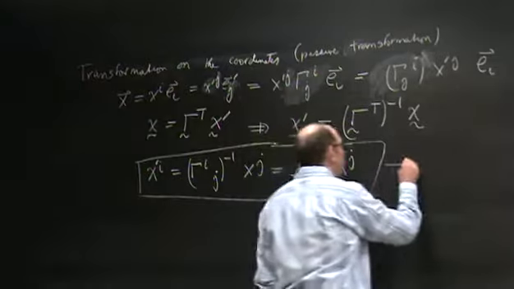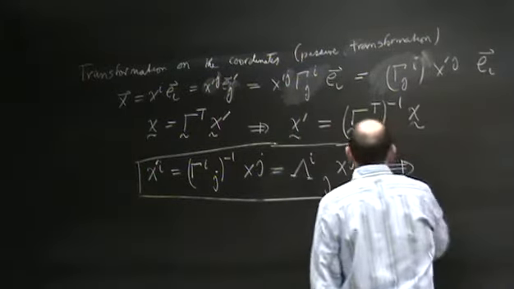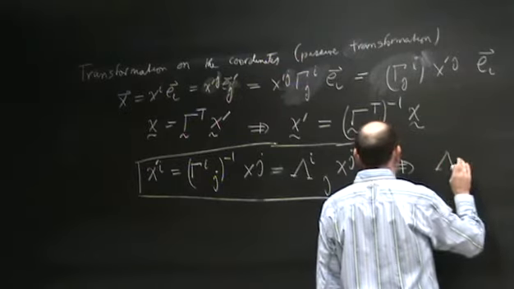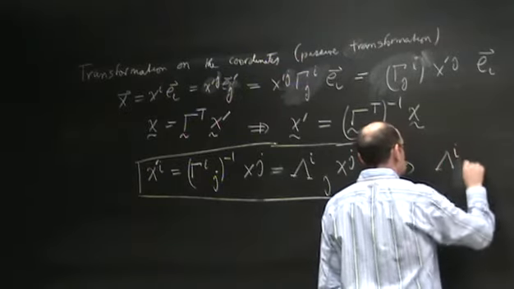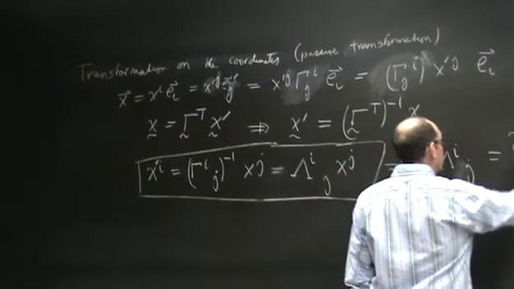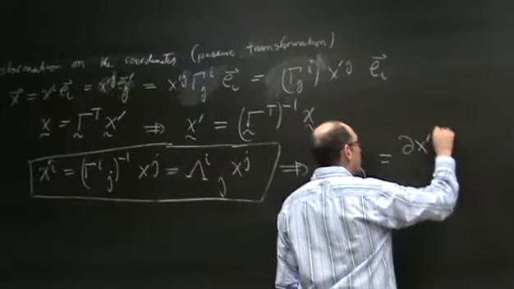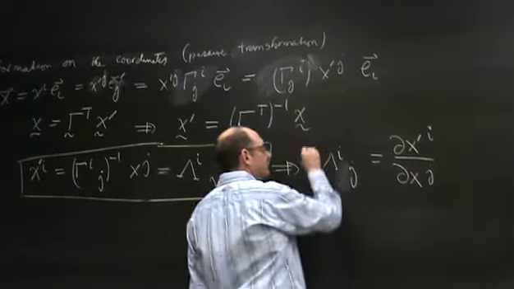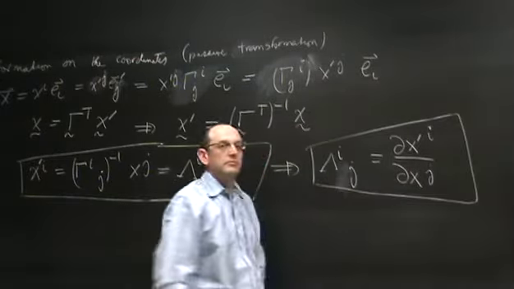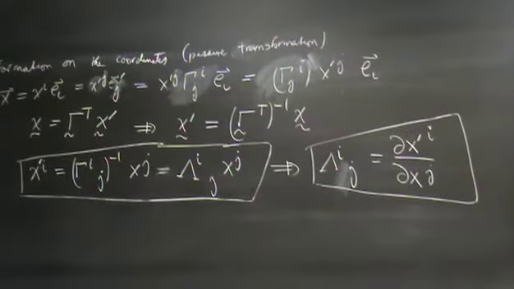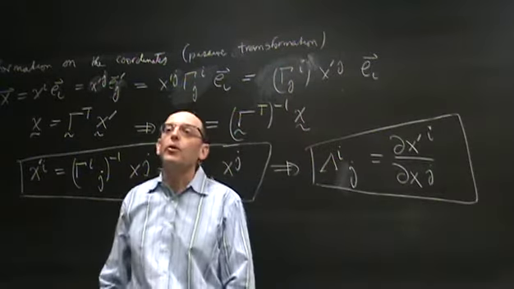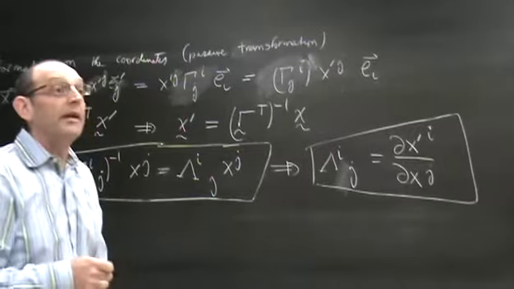This tells me that the transformation matrix on these coordinates x^i is the partial derivative of the prime coordinate for the ith component with respect to the unprimed coordinate. So if I know how the coordinates transform, then I have the transformation matrix according to that Jacobian.